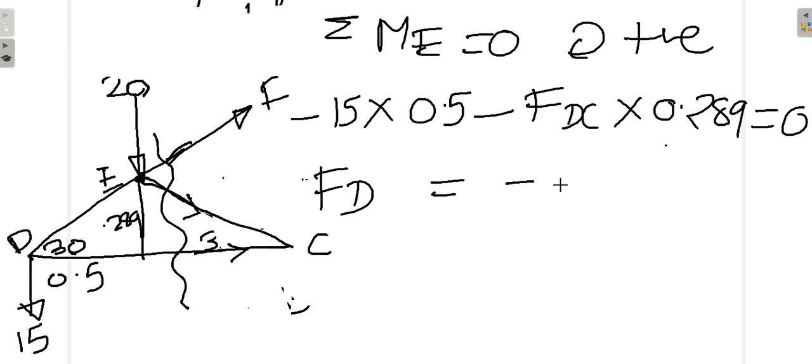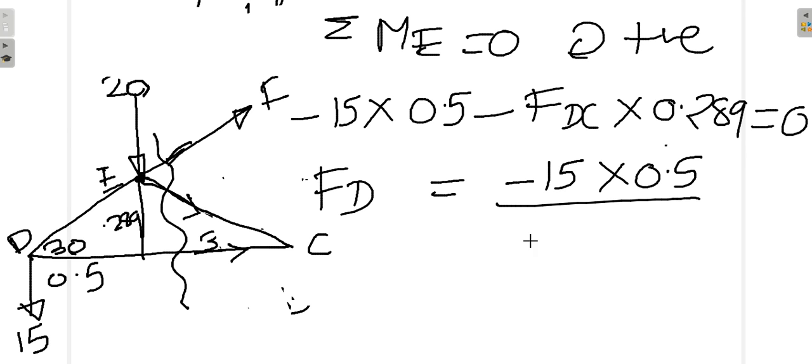Let us do the calculation and get FDC as minus 15 into 0.5 upon 0.289. Please do the calculation.